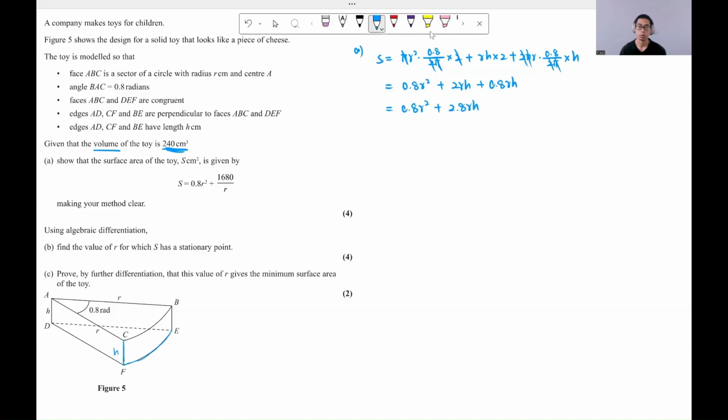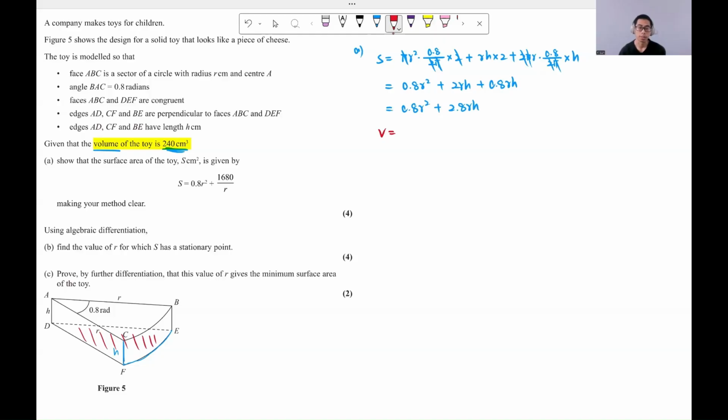So that means we need to use this volume to set up the other equation to rearrange it to cancel h. For the volume equation, we know volume is just equal to, so this is clearly a prism. We can just use the area of the cross section, which is the bottom sector of the circle, times the perpendicular height.